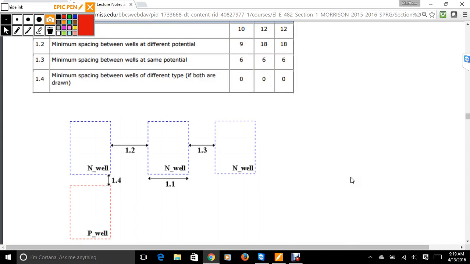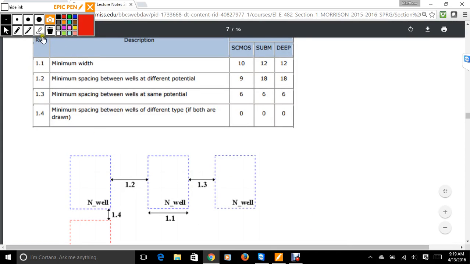This is a diagram that lays it out. When you look at it, 1.2 refers to rule 1.2. So scalable CMOS is going to be 9 lambda here between two different N wells. So for some reason you have to split up the N wells, and you have to separate them by 9 lambda and so forth.